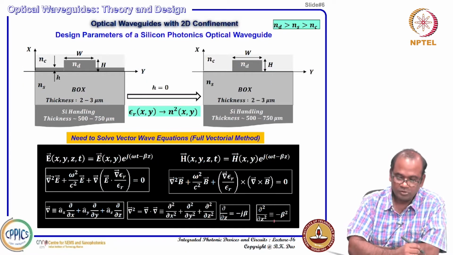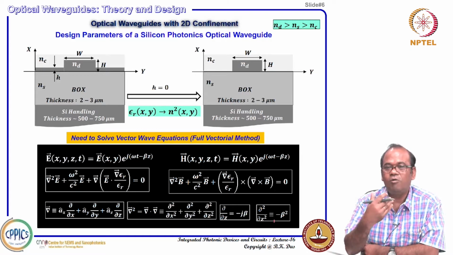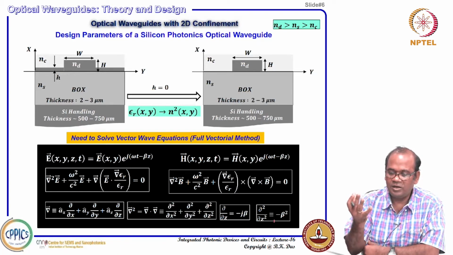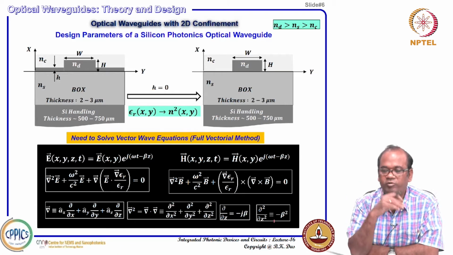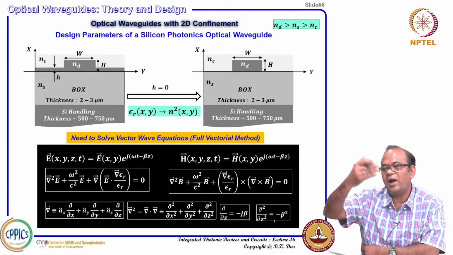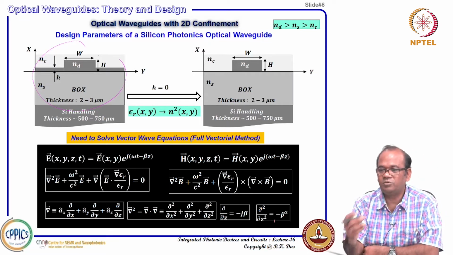Now, as we also mentioned, for an inhomogeneous medium, an inhomogeneous structure, normally we have to solve the vector wave equation. Inhomogeneous in the sense that you have a pattern, a structure; for example, in this cross section the refractive index is not the same everywhere, it varies from coordinate to coordinate.